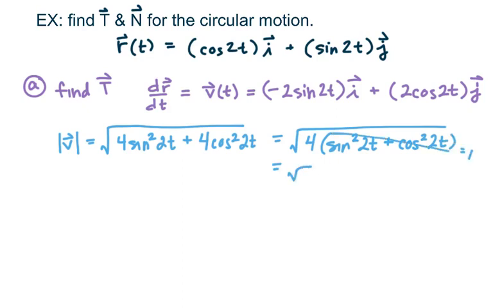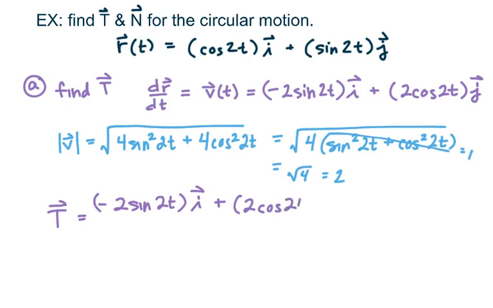So the square root of 4 gives a magnitude of 2. That means T is v divided by 2: negative 2 sine 2t i plus 2 cosine 2t j, divided by its magnitude 2.